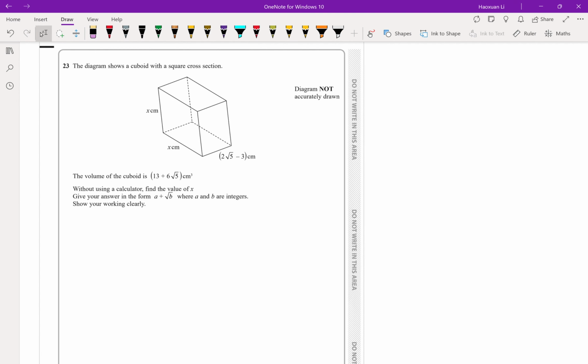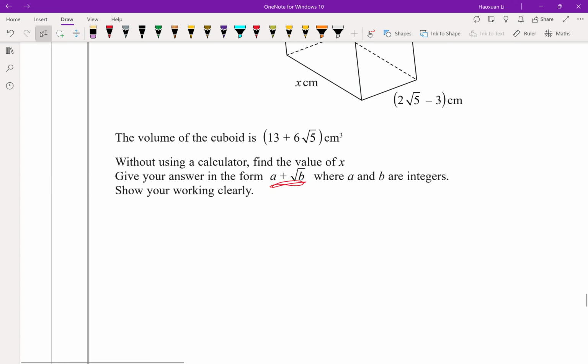Okay, now this shows a diagram of a cuboid with a square cross section. The volume of the cuboid will be 13 plus 6 square root of 5. So without using a calculator, find the value of x. Give your answer in the form a plus square root of b, where a and b are both integers.